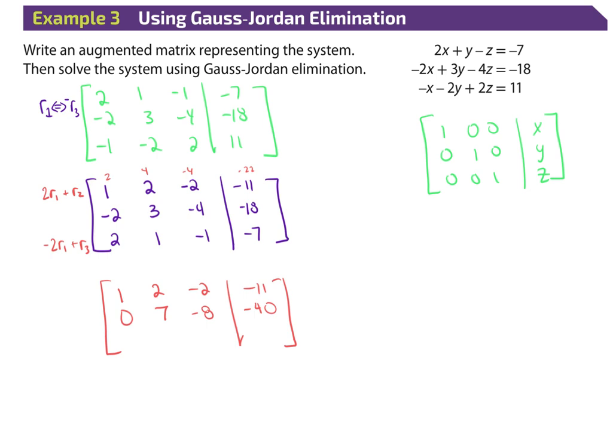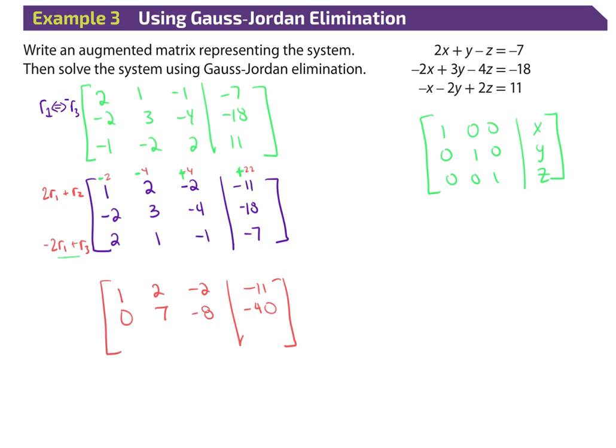And then I'm going to do the same thing here, but I'm going to change those numbers to the opposite because now I'm multiplying by a -2. So that's going to be a -2, a -4, a +4, and a +22 that I'm going to add to row 3.